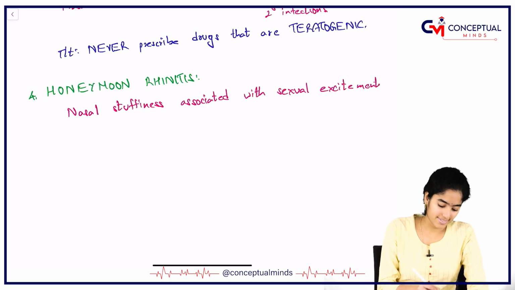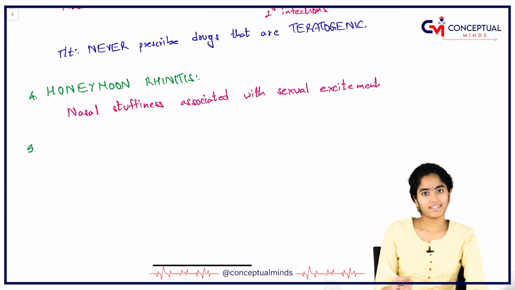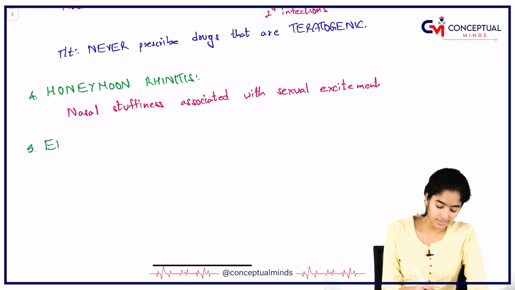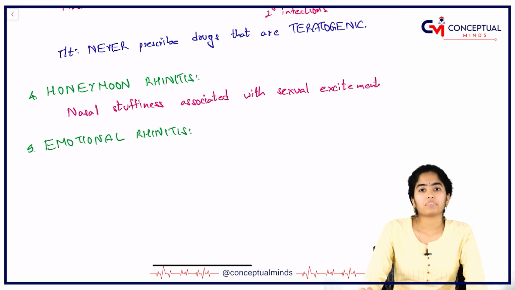Associated with sexual excitement. Next in our list is emotional rhinitis. What is emotional rhinitis? In certain people, the nose reacts to various emotional stimuli. Psychological states such as anxiety, hostility, depression, anger, resentment, grief, sorrow, all of them can result in rhinitis.